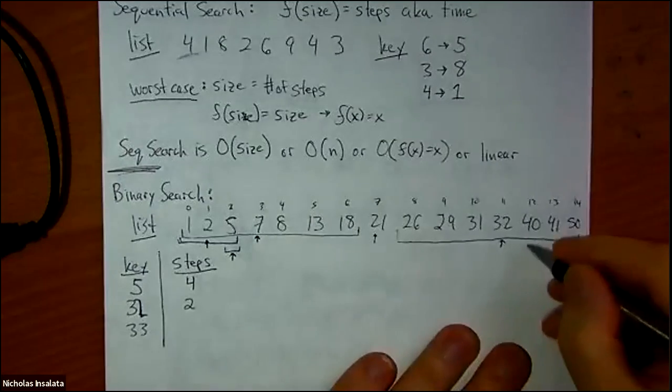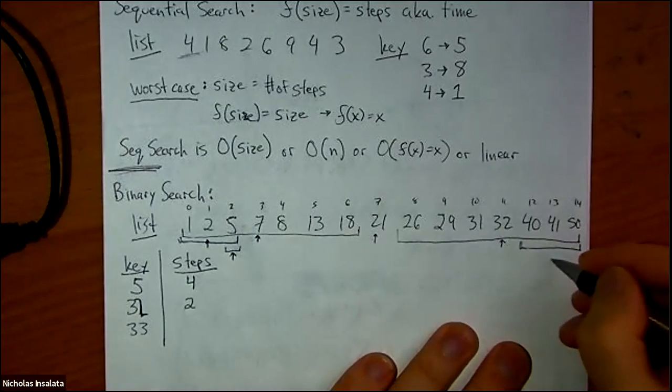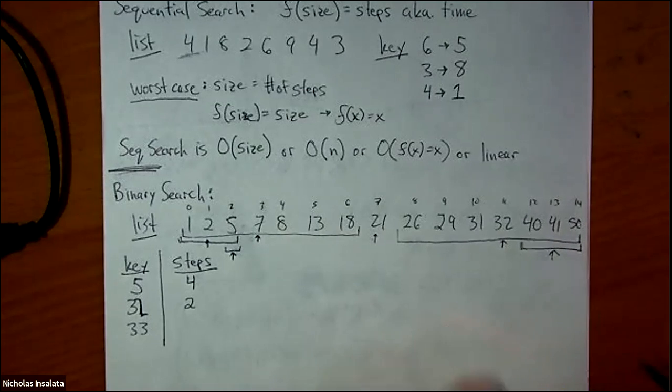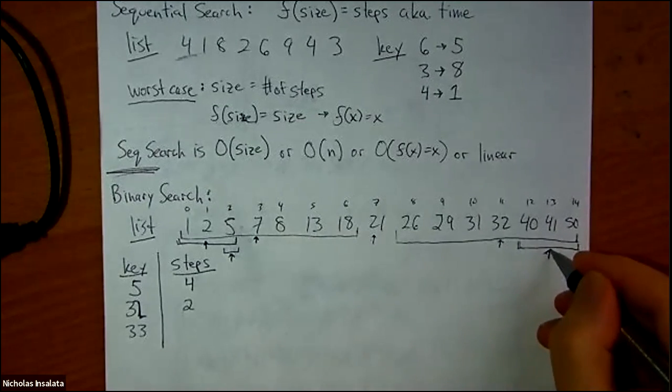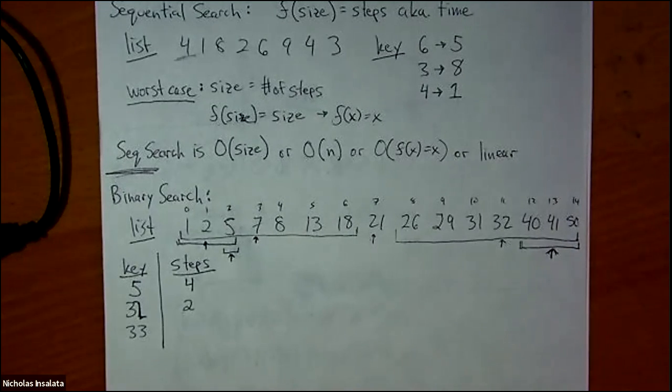Okay, so what we have left is 40 through 50. We're looking at the center one, 41, like you said, Nathan, that's right. So we're looking at 41. We compare 33 against 41. What happens?